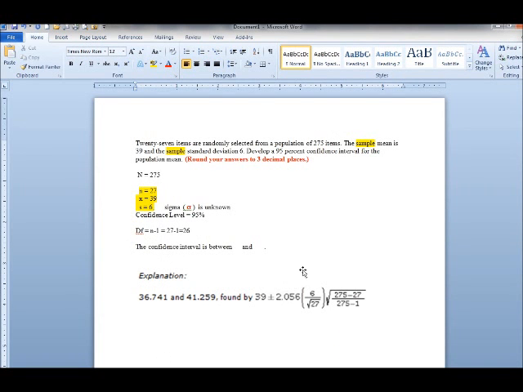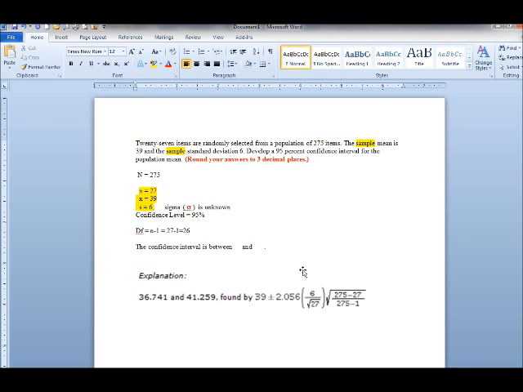Now, maybe the source of your confusion is that you're saying, where does this T come from? Well, remember that T is a little bit more of a forgiving curve. It's shorter and kind of squattier, so it allows for more error. The Z distribution is a little bit tighter, and so there's less error.